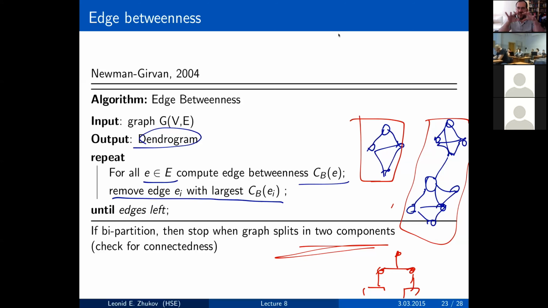Here, we start with the whole group, the entire graph, and then start splitting it into pieces. And so, in fact, to get communities in this case, we don't need to go all the way down, right? We can stop after a few iterations. But the question is, when to stop? In some sense, this question is very analogous to the question, how many clusters? Just a different look at the same problem.